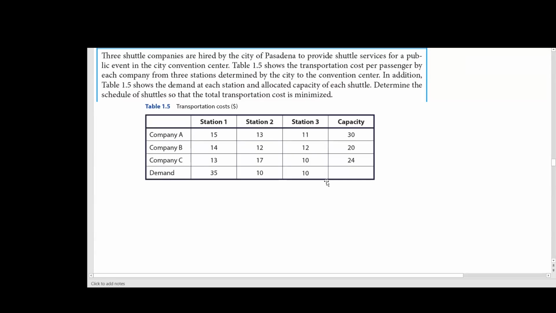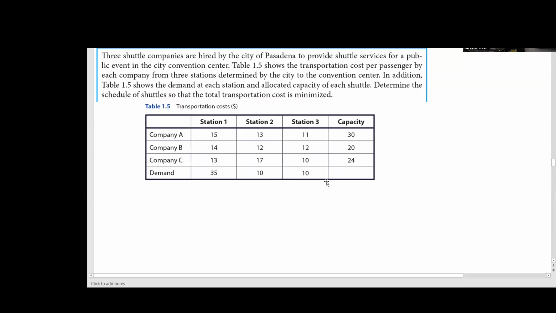The convention center supply, I guess, or let's say you know exactly where it is, the convention center. Like how to allocate people to different companies at each station. Yeah, that's a good answer.